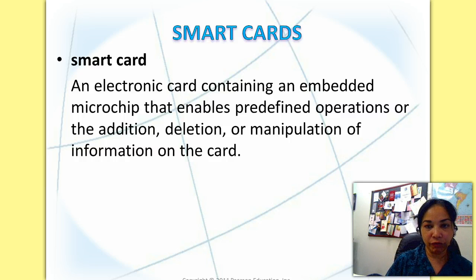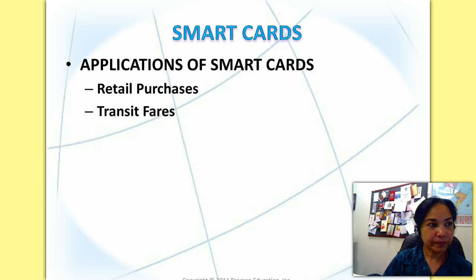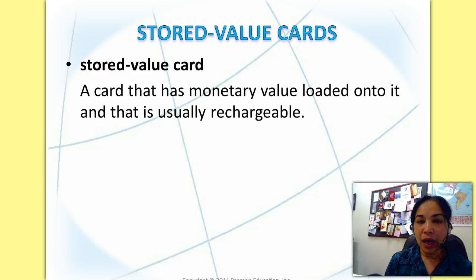Our topic number 4 is stored value cards. A stored value card is similar in appearance to a credit or debit card. The monetary value of a stored value card is housed in a magnetic strip on the back of the card.